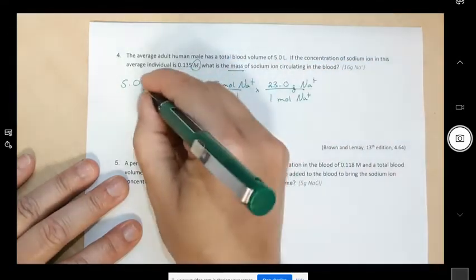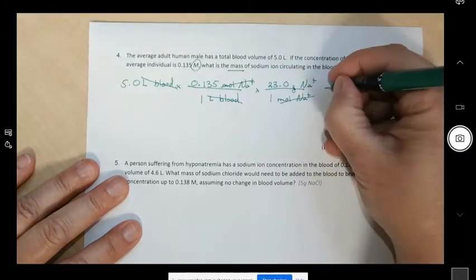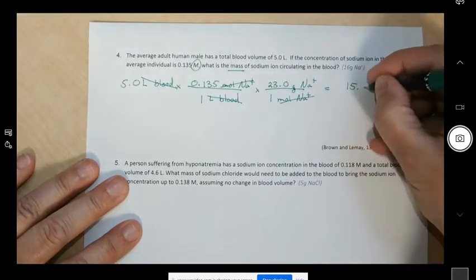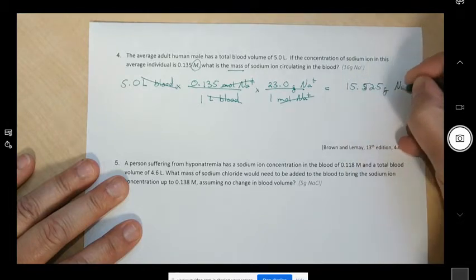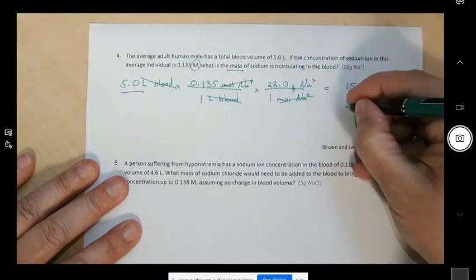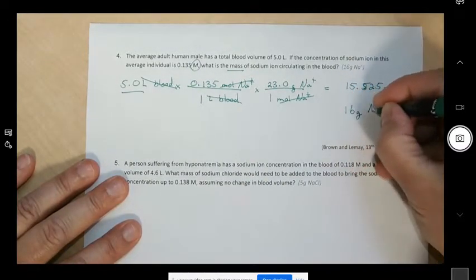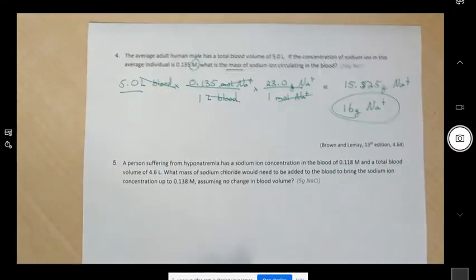And watch what happens here. Liters cancel, moles of sodium cancel, and I'm left with mass. We get about 15.525 grams of Na+. Because my 5.0 has 2 sig figs, I'm going to go ahead and round that to 16 grams of Na+. Okay. All right. Not too bad.